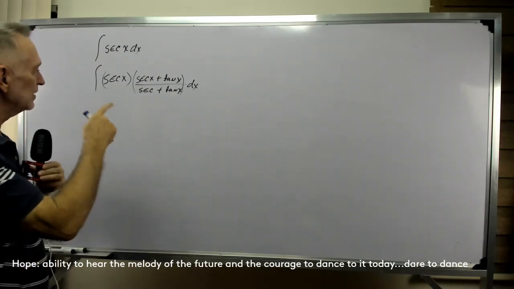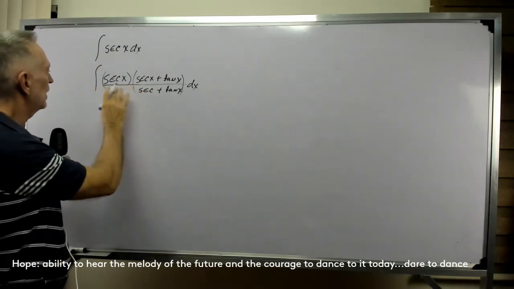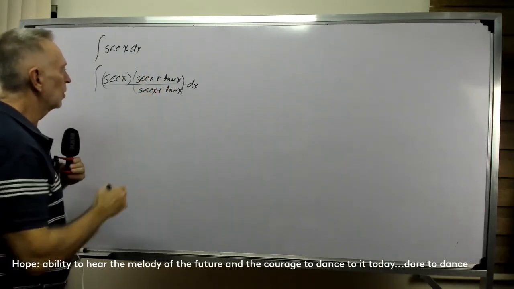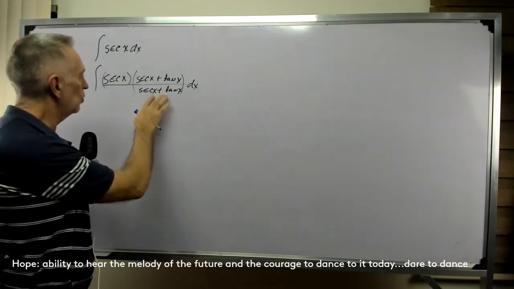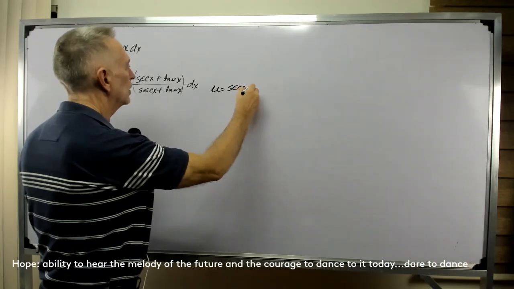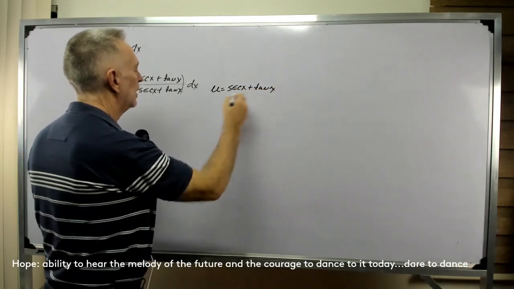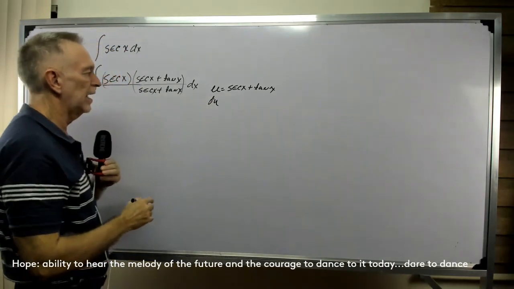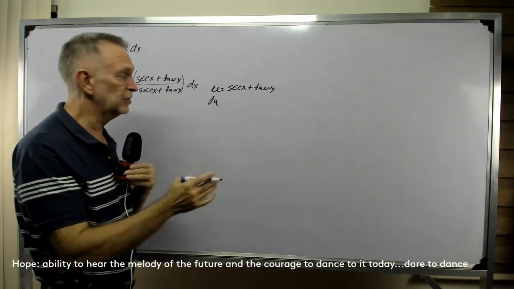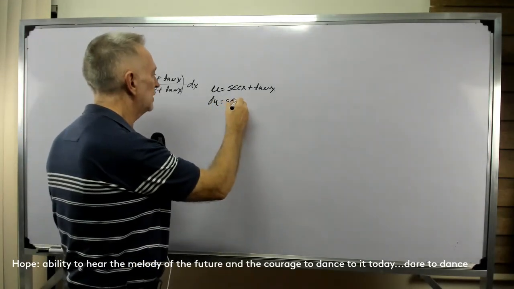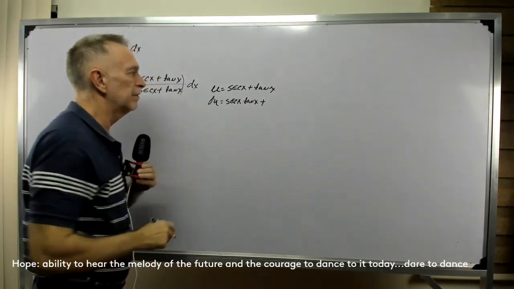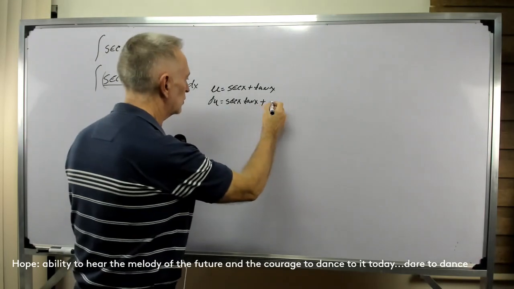Okay, of course you see we have all of that in the numerator over secant x plus tangent x. Well, let's let u equal secant x plus tangent x. If we take the derivative of that with respect to x, the derivative of secant x is secant x tangent x. So we have secant x tangent x plus the derivative of tangent, which is secant squared x.